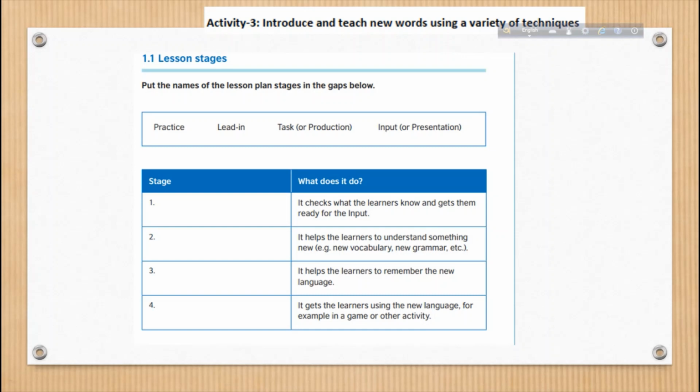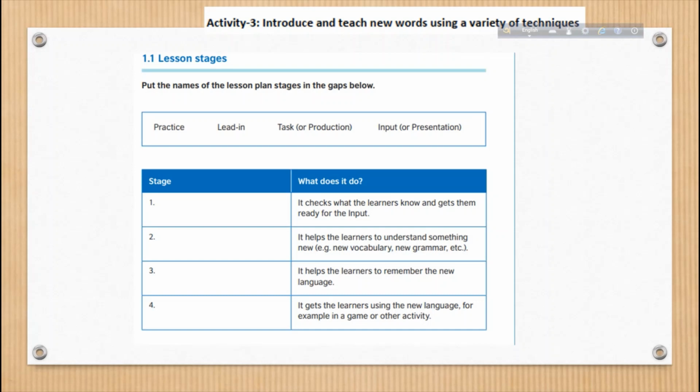Lesson stages. Put the name of the lesson plan stages in the gaps below. Here are 4 points, and what does it do? And we have to put up the topic in stages 1, 2, 3 and 4.